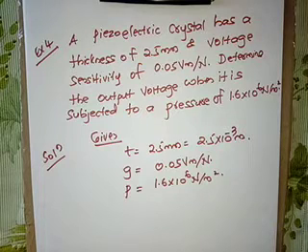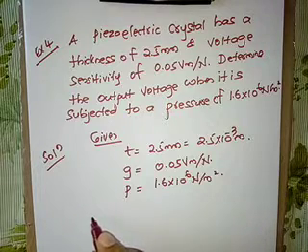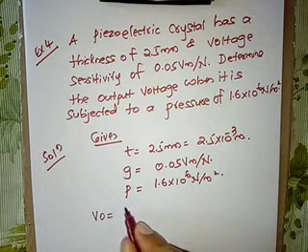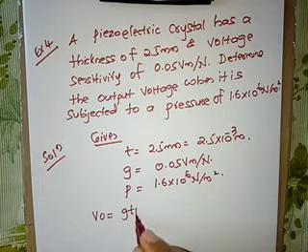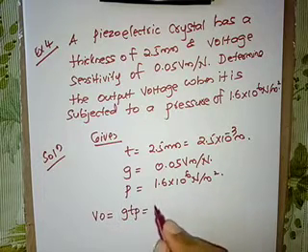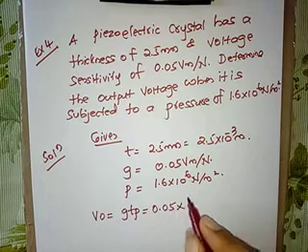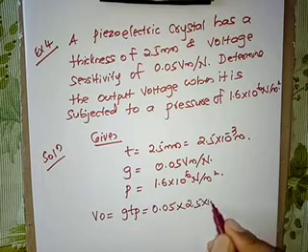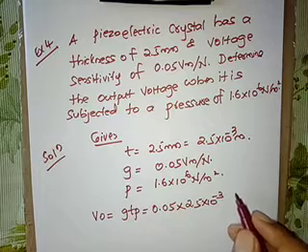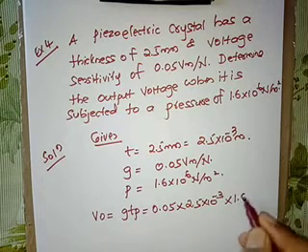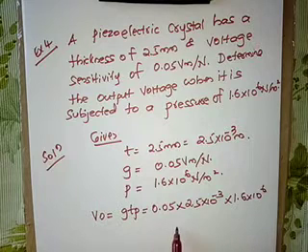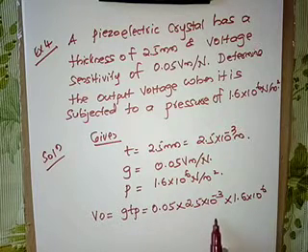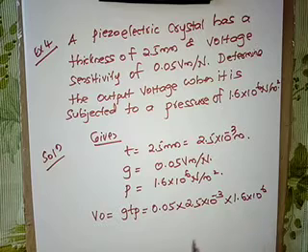You are asked to calculate the value of output voltage. So output voltage V0 is given by the formula for the piezoelectric crystal. V0 is equal to G into T into P. That is, G is 0.05 into T is 2.5 into 10 raised to minus 3, into P is 1.6 into 10 raised to 6.